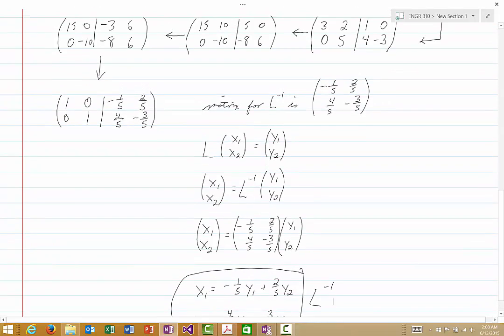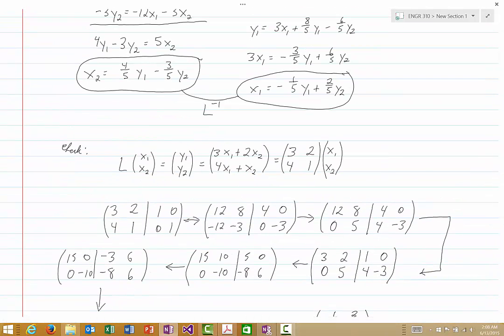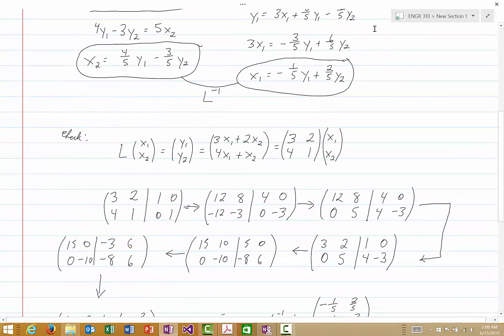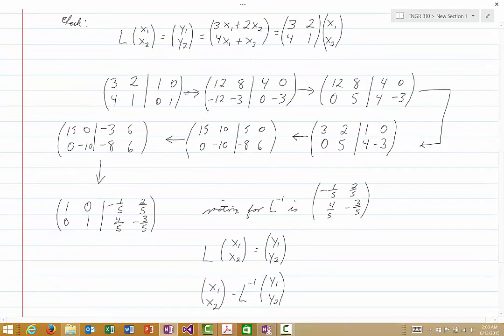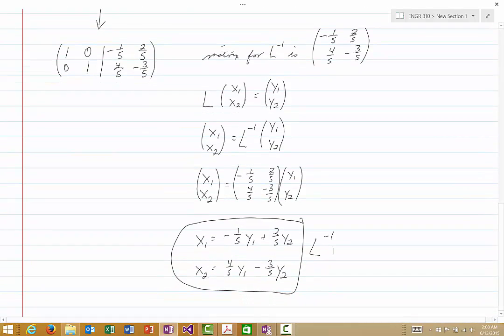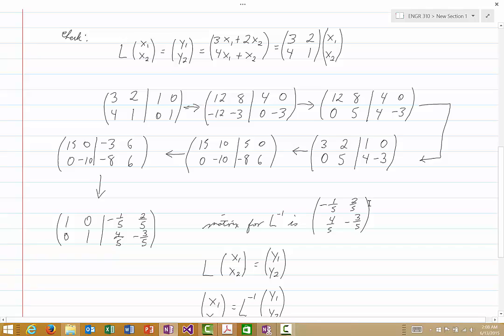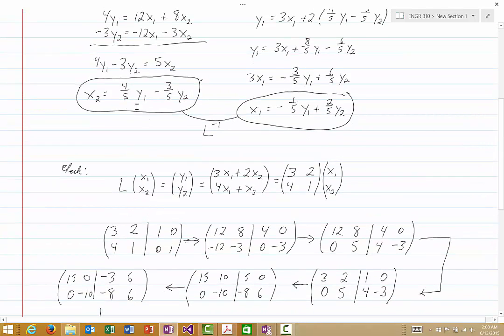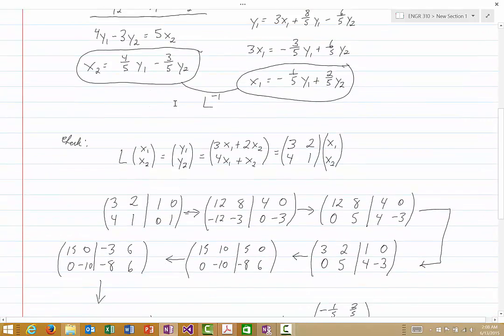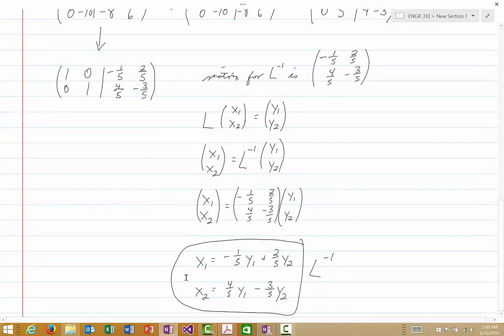And let's compare that to what we had before. Notice right here we have x1 is negative 1/5 y1 plus 2/5 y2, and that exactly matches what we found for x1 down here. And then for x2 we have 4/5 y1 minus 3/5 y2. Same thing down here, 4/5 y1 minus 3/5 y2.